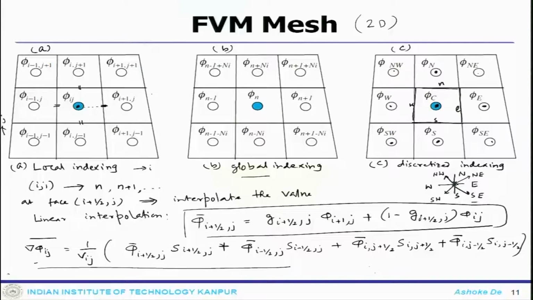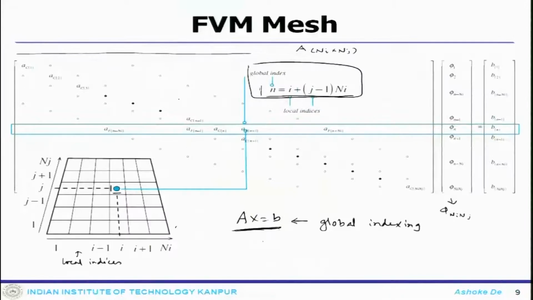Then from local indexing we moved to the global indexing, and how was it done? It was a 2D system, so it was done in a simpler fashion, where the i and j counts are taken into consideration and then we do the local to global mapping.